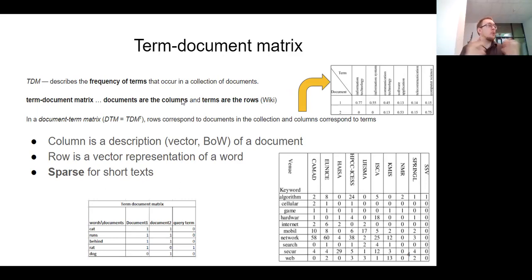So now the text is not ordered, it's a multiset. And you remember that there was another method which allowed us to express the value of the word not with absolute numbers, but with some relative things. This thing was called TF-IDF.